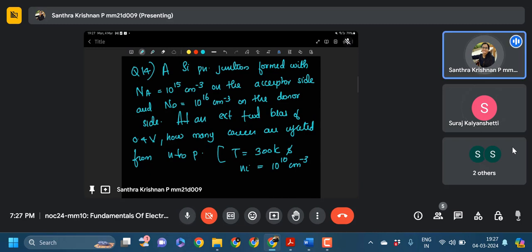If you see the equation sheet, there is a direct equation there. Can you just check your equation sheet? Let me check which line it is. It is just after the PN junction depletion width they have given.